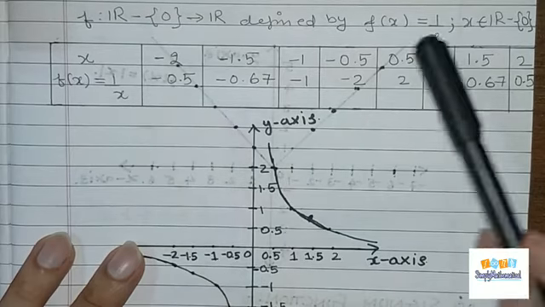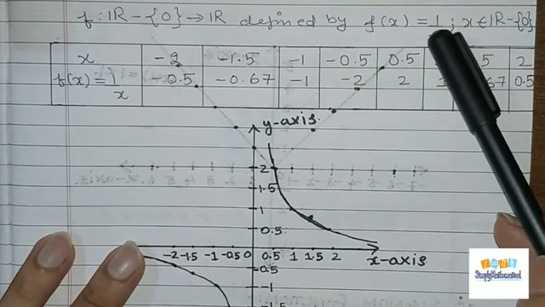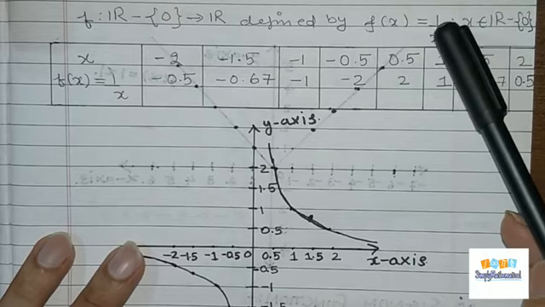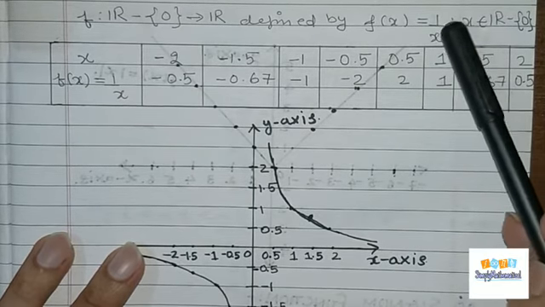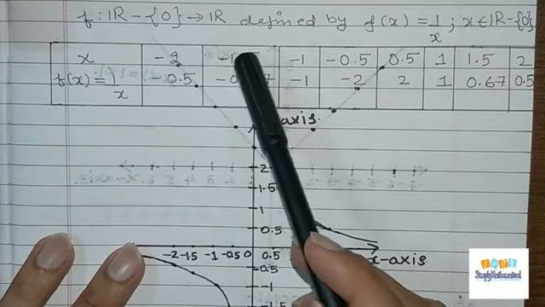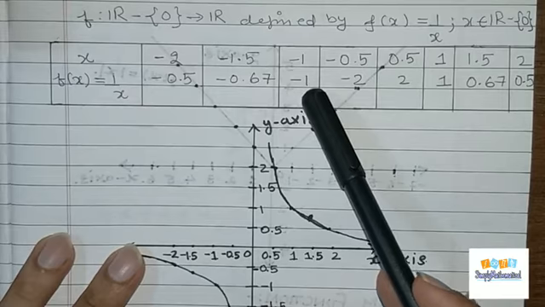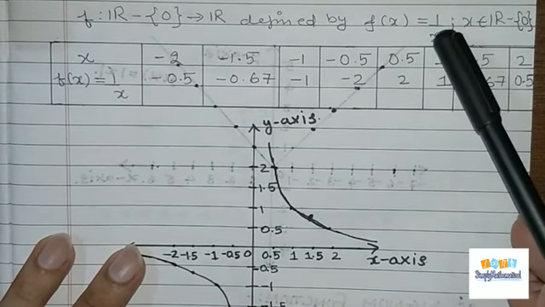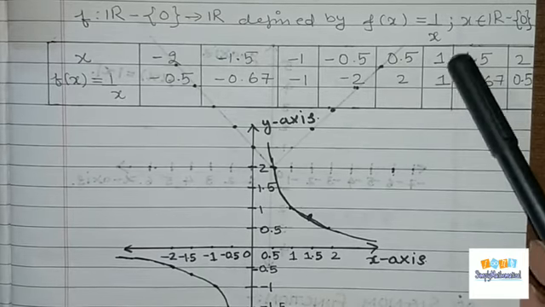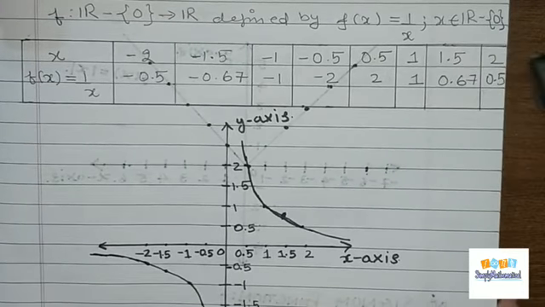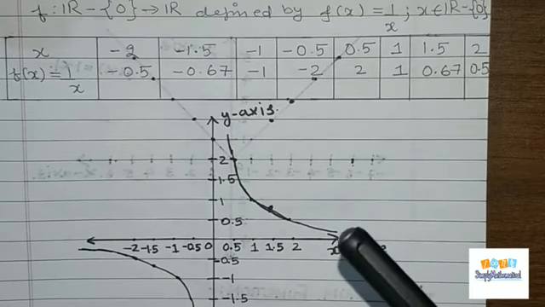Minus 2, you can see here, f of minus 2 will be 1 by minus 2, so that is equal to what? Minus 0.5. 1 by 2 is 0.5, you have minus sign, so minus 0.5. Then minus 1.5 will give you this value, minus 0.67. Minus 1 will give you minus 1, minus 0.5 will give you minus 2, 0.5 will be 2, 1 will be 1, and 1.5 will be 0.67 and 2 will be 0.5.